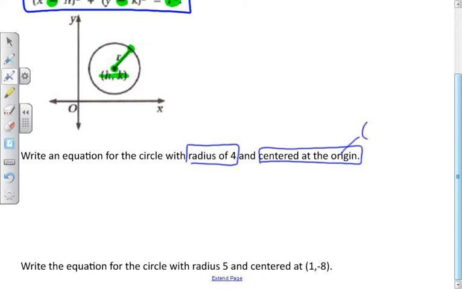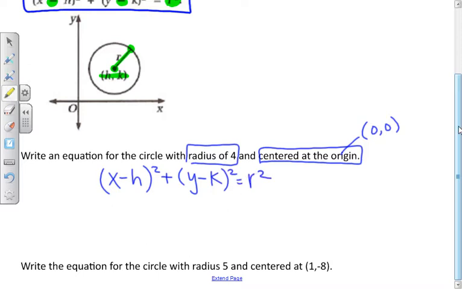Now the origin is (0, 0). So in this case, if we write our equation and we fill in our center, h and k, and we fill in our radius, we've very quickly and very easily written the equation of a circle.